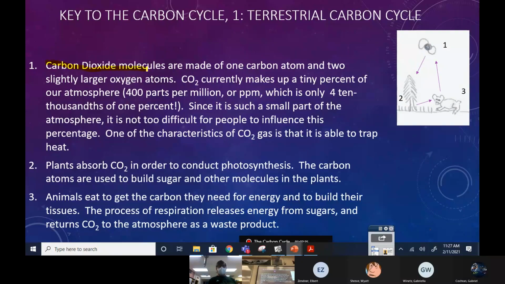So we want to say these are carbon dioxide. If you want, 1 carbon and 2 oxygen. The amount is good to know, 400 ppm. And it's able to trap heat. Those are the main ideas out of all of that text in there.